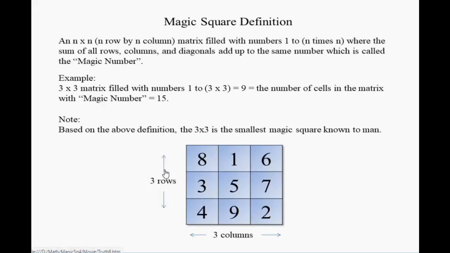So here we see an example of a 3 by 3 magic square. Take note, numbers 1 through 9 are arranged in such a way that each of the columns, rows, and diagonals add up to 15.